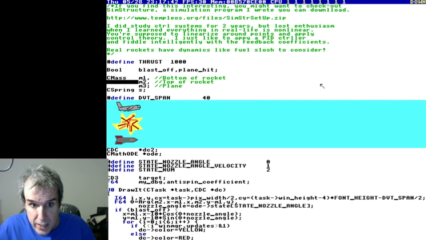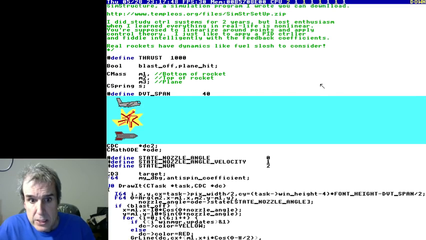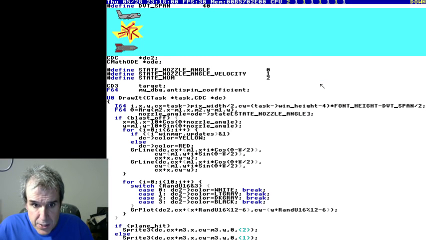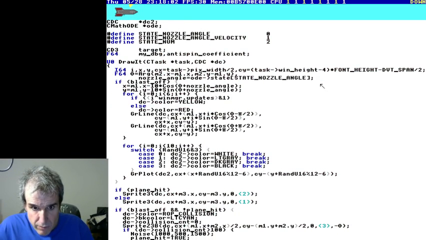We went ahead and kept the coordinate system as pixels, I do believe. When you're doing something like this, a lot of times you work with meters instead of pixels. When I did sim structure, I worked with meters, and then I set the scale to convert to pixels. I think this is pixels.